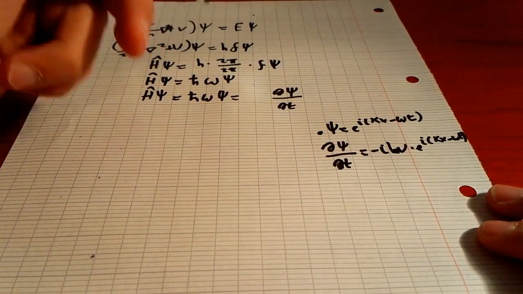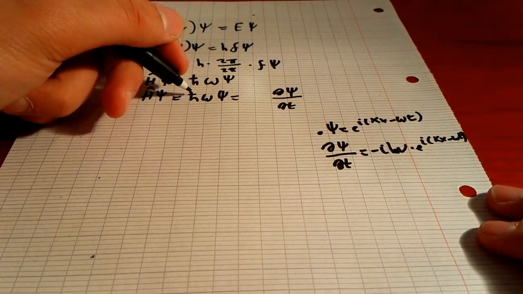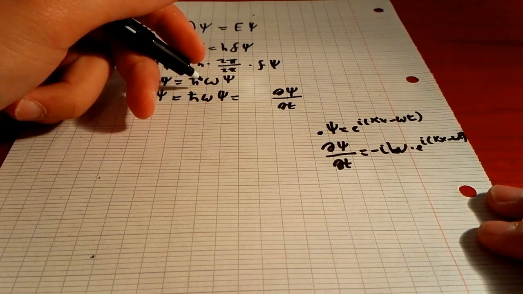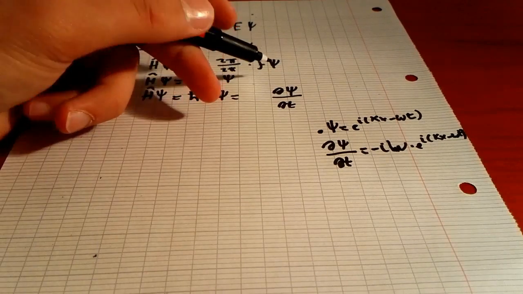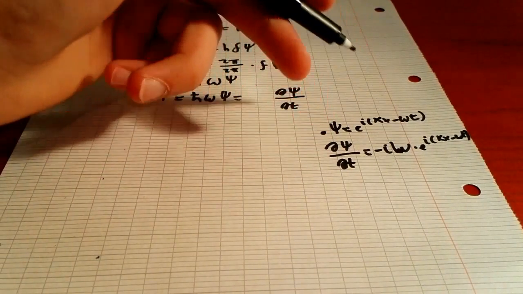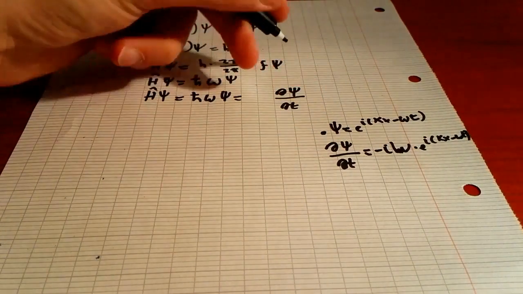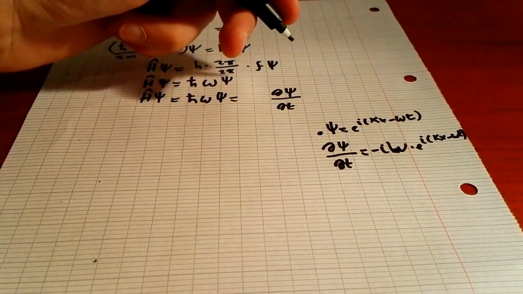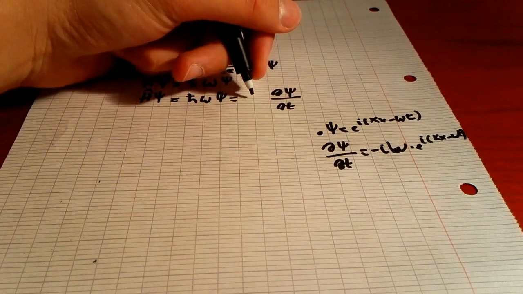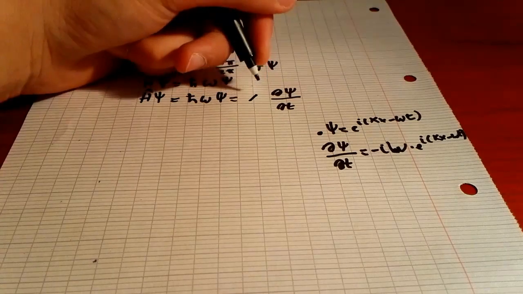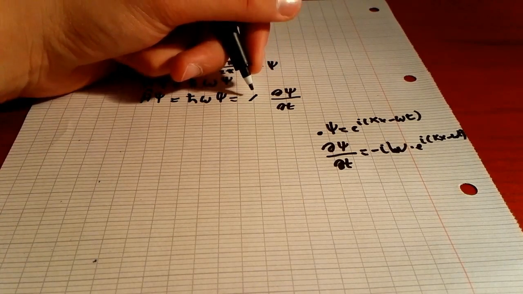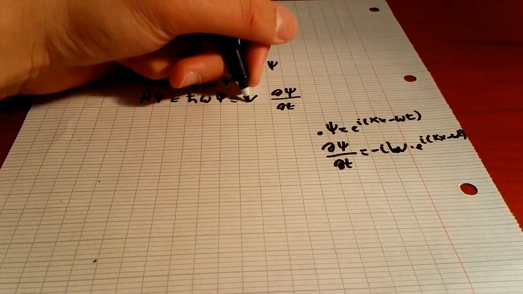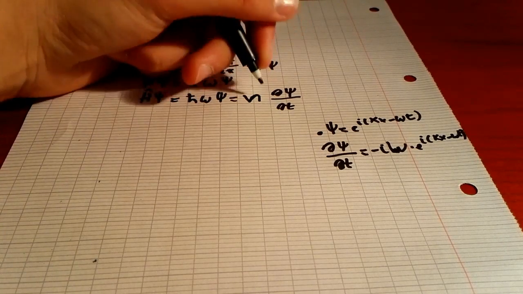So we have to find a way to make h bar omega multiplied by psi equal to minus i, let's call it x now. No, let's call it, I don't know, let's call it n. We're going to have to find n now.